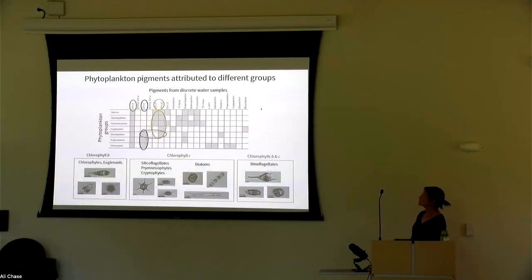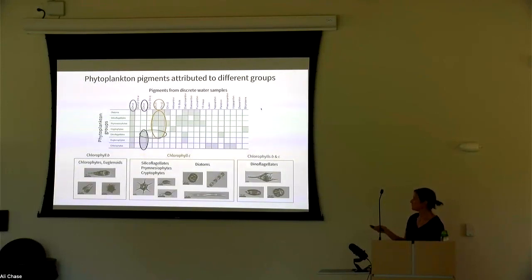And so as we know, phytoplankton pigments are attributed to different groups. And here's just a table showing how chlorophyll B and C could be useful to help us identify the presence of different phytoplankton taxonomic groups.